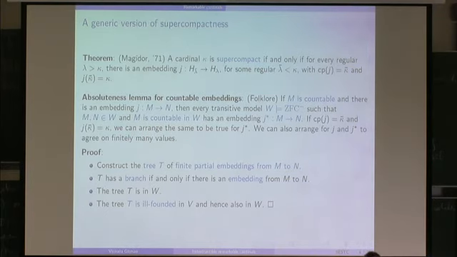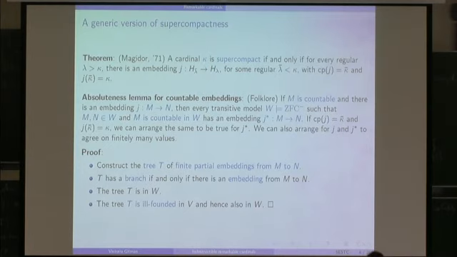More specifically, if you have a countable model M and some embedding J from M to N, M is countable, N can be any size you want, and it exists in V, and you have some transitive submodel W of V, let's say of set theory without the power set axiom, so of some fragment of set theory, then if W happens to have M and N as elements, and it knows that M is countable, it won't necessarily have J, but it will have an embedding from M to N. So the existence of countable embeddings is absolute for transitive models of set theory.